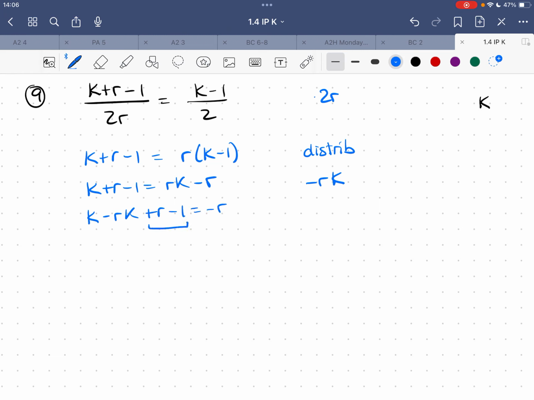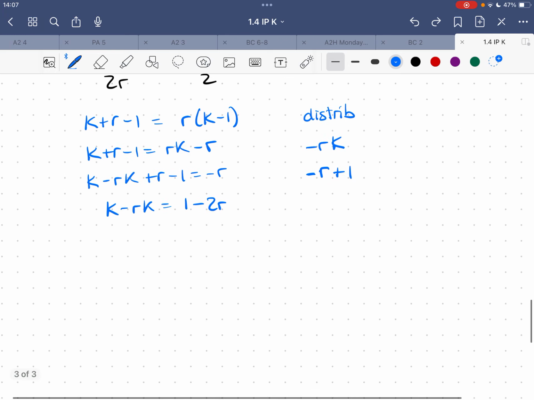And then I want to get rid of this part, so I'm going to subtract r and add 1 to both sides. So this is going to be 1 minus 2r, because I have this minus r.